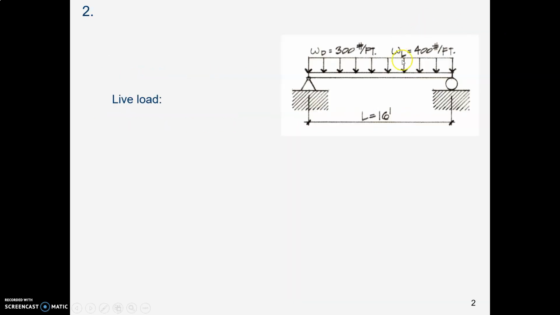Now we'll think about this live load here. It says 400 pounds per foot. When you're thinking that we're going to convert this to pounds per inch, first just ask yourself, what would be reasonable? Is the pounds per inch going to be a bigger number or a smaller number?